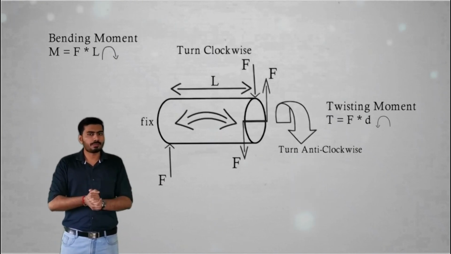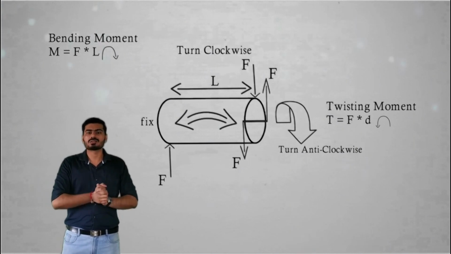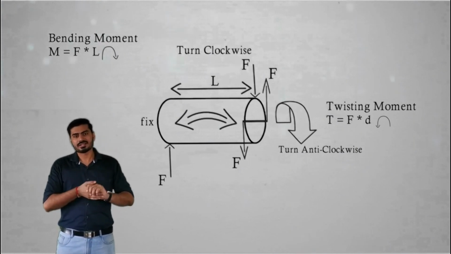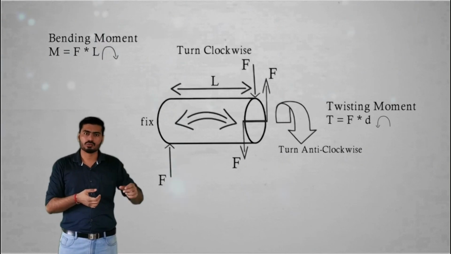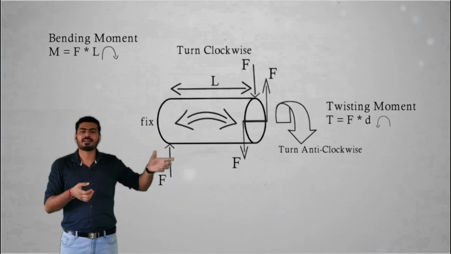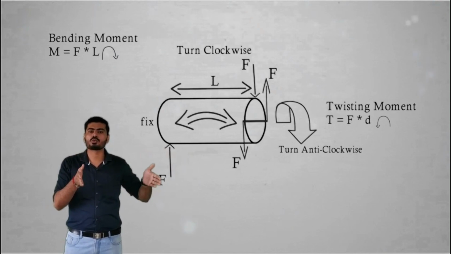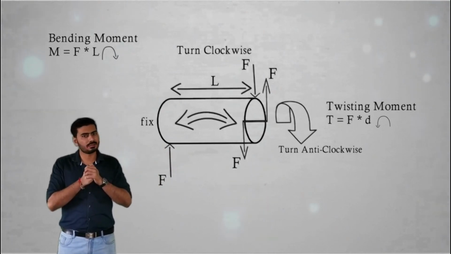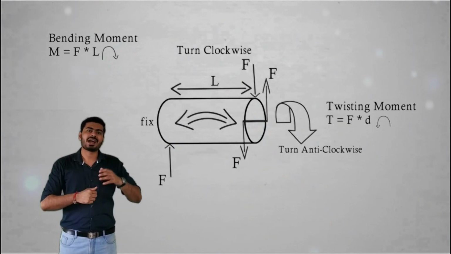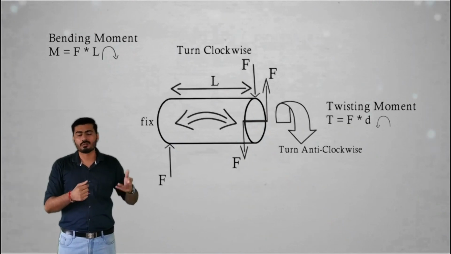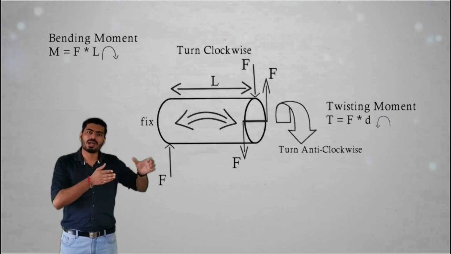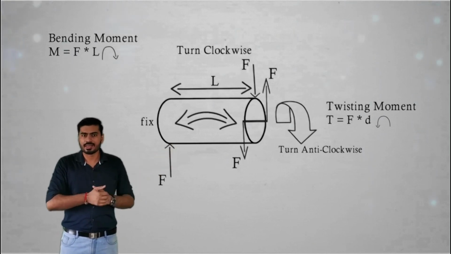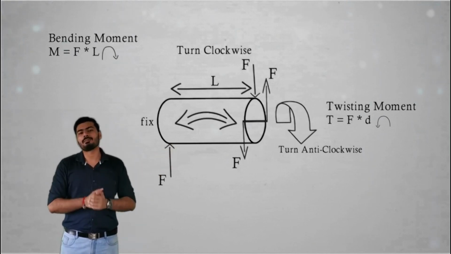Now, in order to find the bending moment, we will use the basic concept of the couple again. That is, bending moment M equals force, that is F, and the perpendicular distance between the two different lines of action of the forces, and the perpendicular distance is nothing but L. That's why our final equation of the bending moment will be M equals F into L. Now again, here also we will apply our custom.